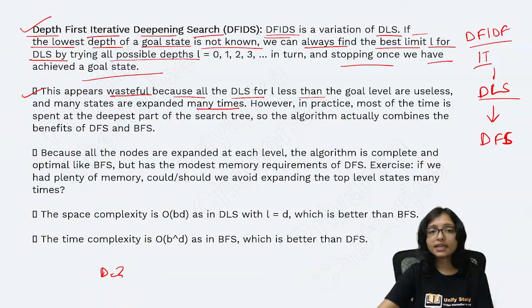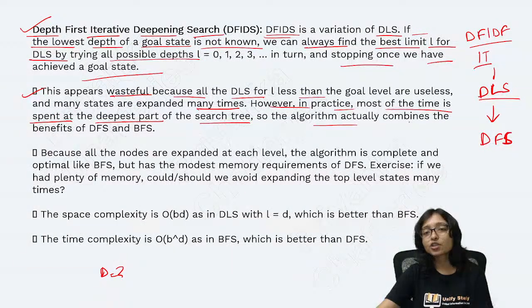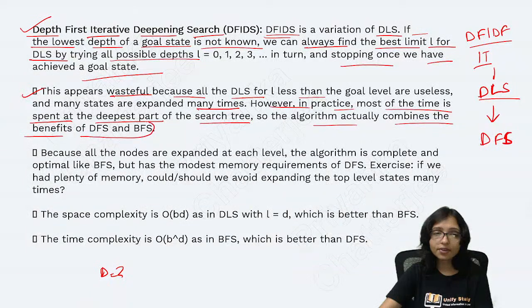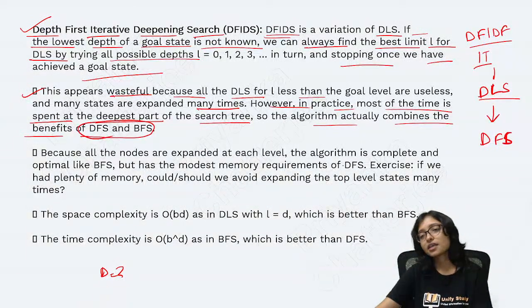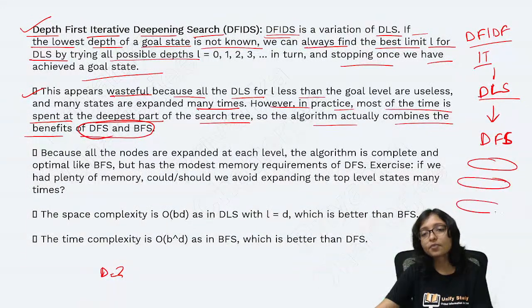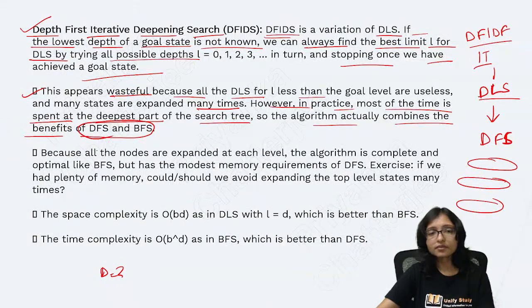It expands the states many times. However, in practice most of the time is spent in the deepest part of the search, and the algorithm actually combines the benefits of DFS and BFS. That is, one by one I am increasing the level and going deeper and deeper.